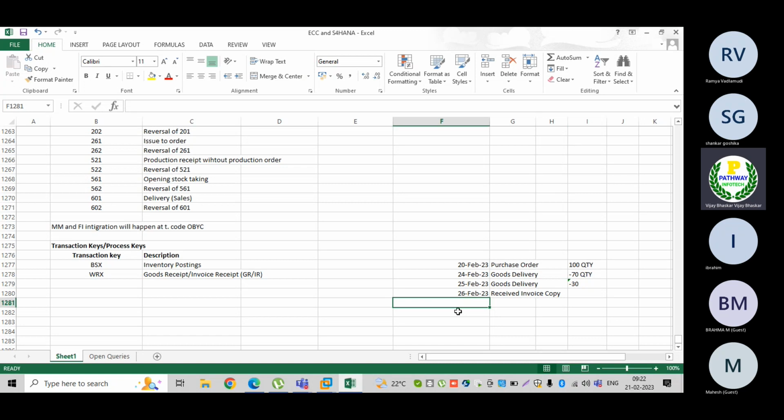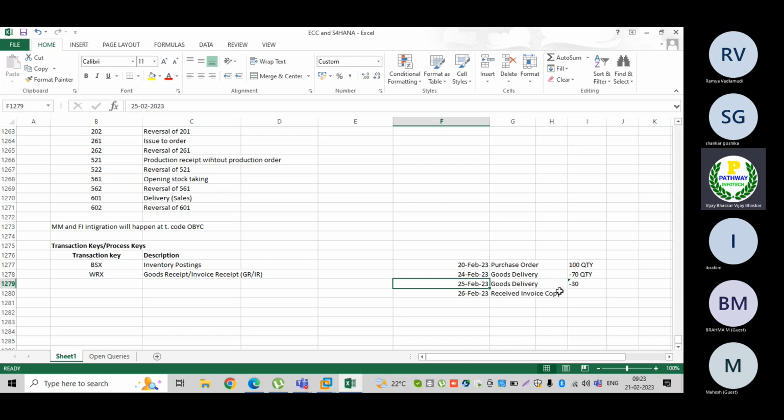So now the goods which I have received, 24th I have received some portion, 25th I have received.